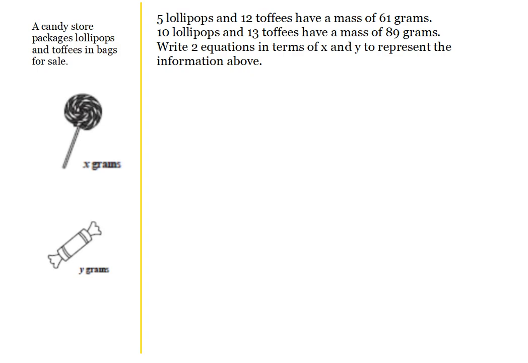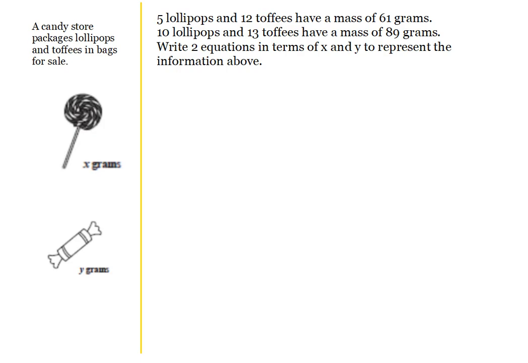So what they've told us in the information provided in the question is this. They said that 5 lollipops and 12 toffees have a mass of 61 grams. So how do they know that? Remember, we said they're packaging these items into bags for sale. So they're probably putting together the items and then dropping them on a scale to estimate the mass.